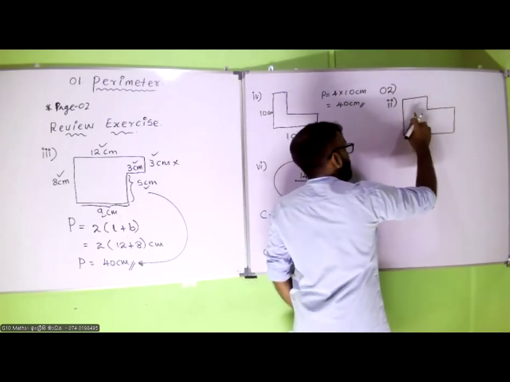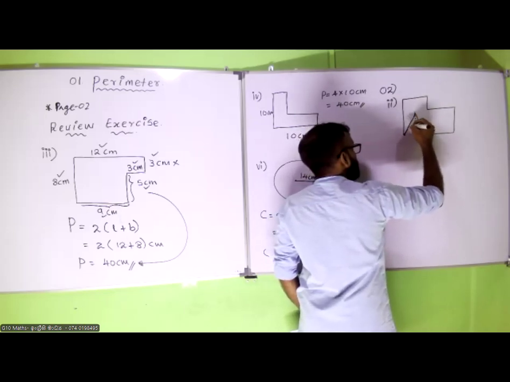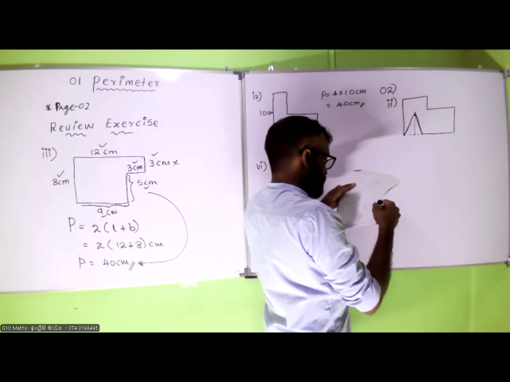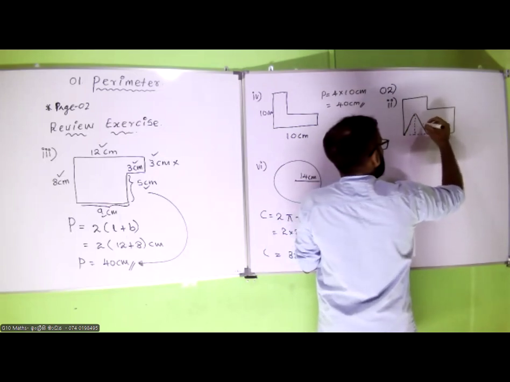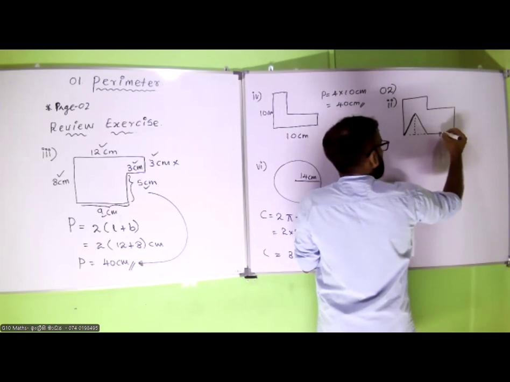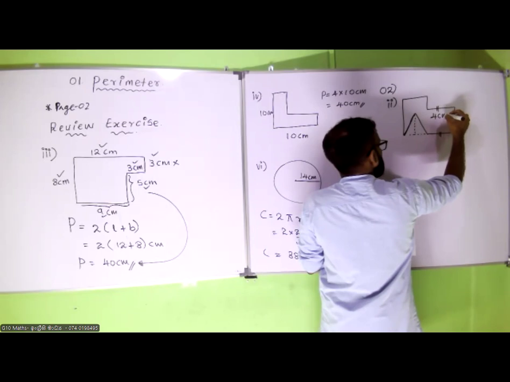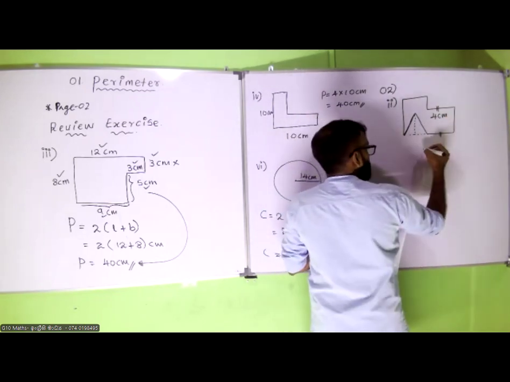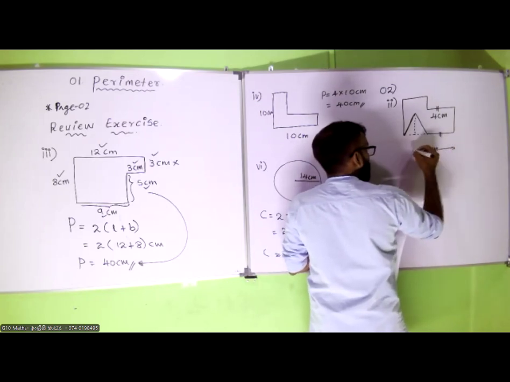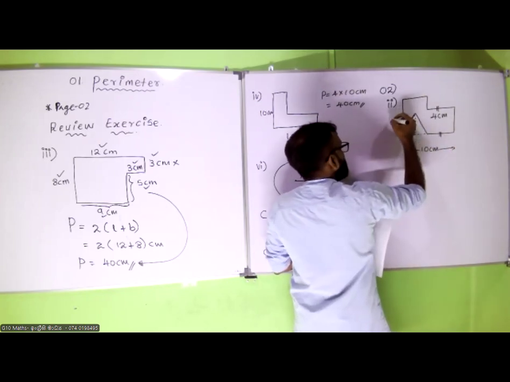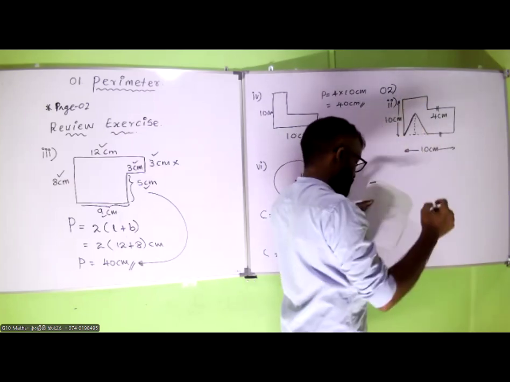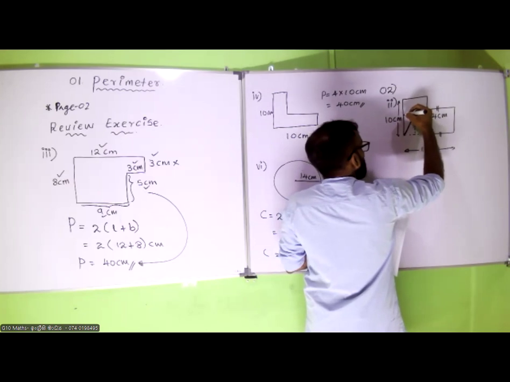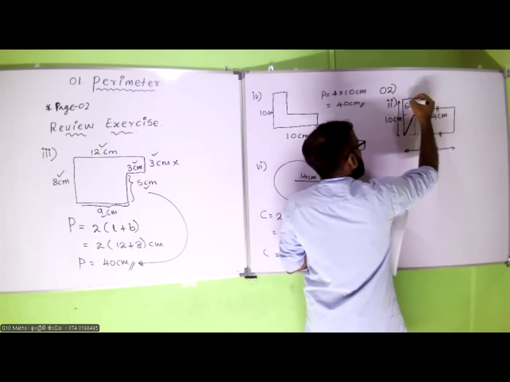So this is some kind of a figure where you have to find the perimeter. These lengths are equal. This length and this length are equal. This is 4 centimeters. And this total length is 10 centimeters. And this length as well 10 centimeters. And this one is 6 centimeters. This small part.